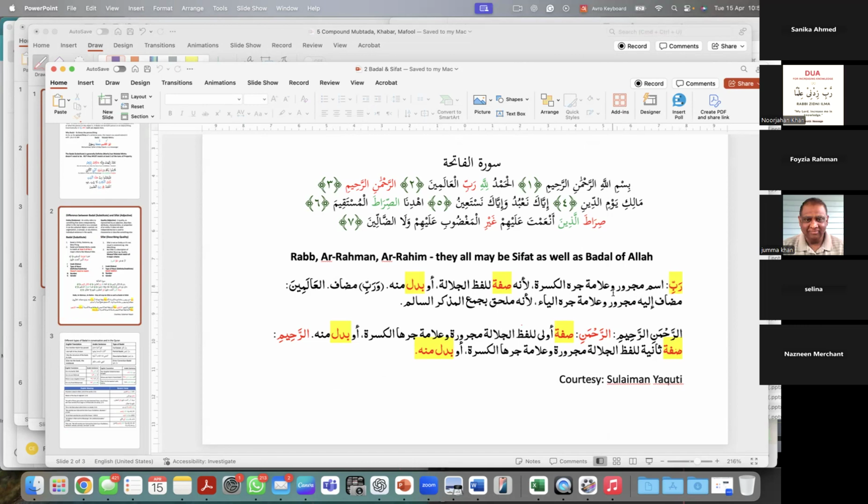Rabb, Ismul Majrur wa alamate jar al-kasra, Rabbi. Okay, done. Sifate lil lafzul jalala. Sifat of Allah. Rabb is Sifat of Allah. Can you see? Au badal minhu. Also badal of lillah, minhu.